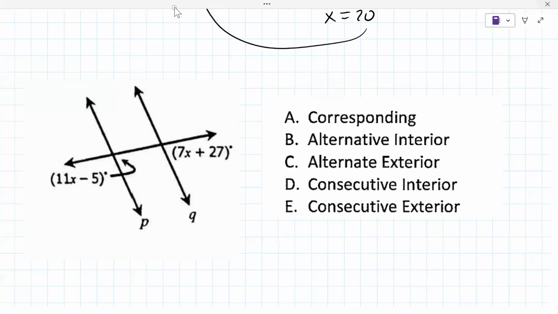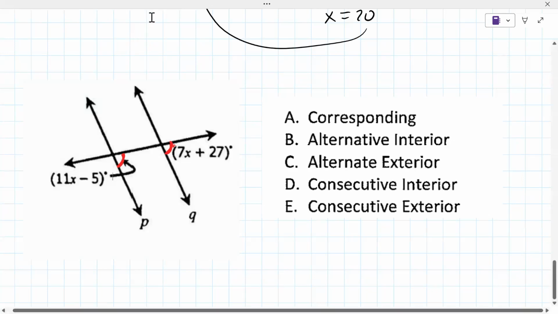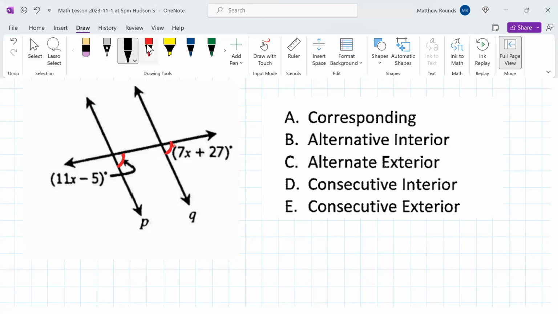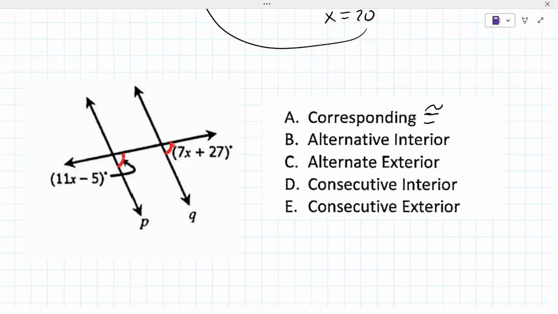Just be careful, sometimes they're pointing differently. Those are the two angles in red. Oh, oops. Corresponding. Yes. And what do you know about corresponding angles? They're equal. They're congruent. Equal is different than congruent in this class. So go ahead and set those equal and solve for x, please.